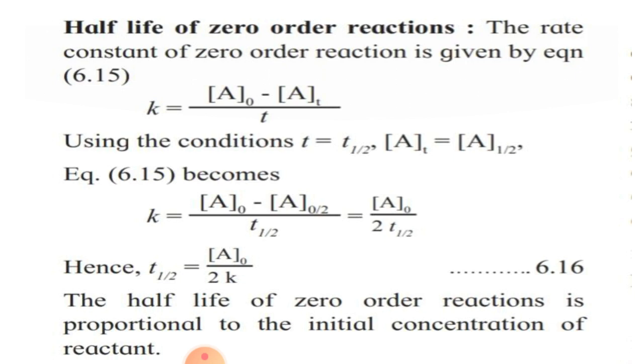As we know, the integrated rate law for zero order reaction is Kt is equal to A naught minus At. We are just rearranging the equation. We are getting the rate constant, that is A naught minus At upon t.